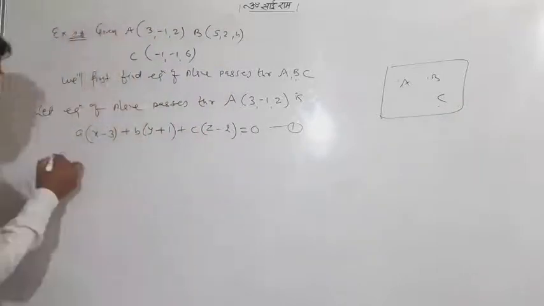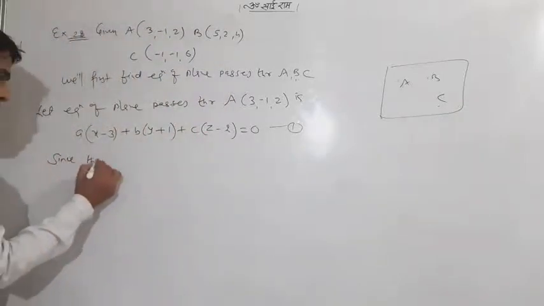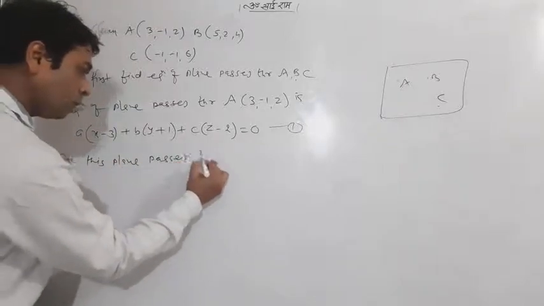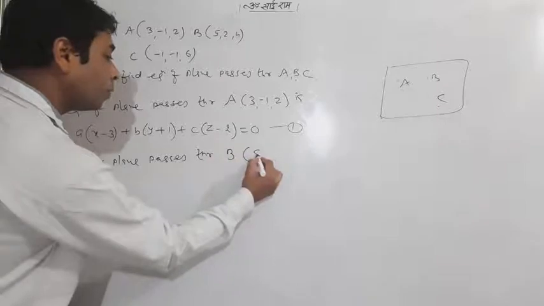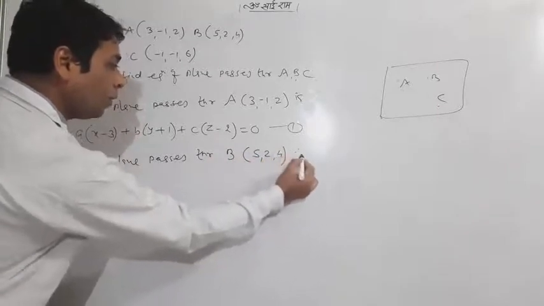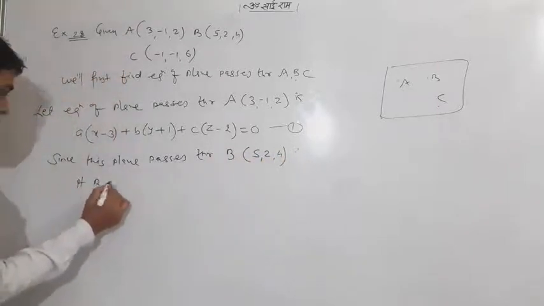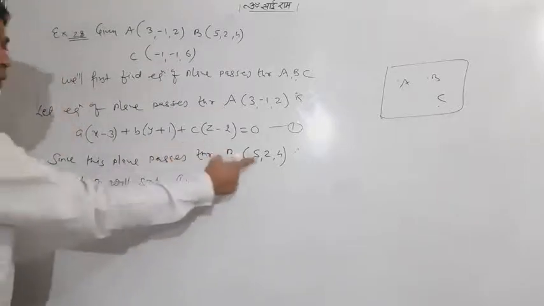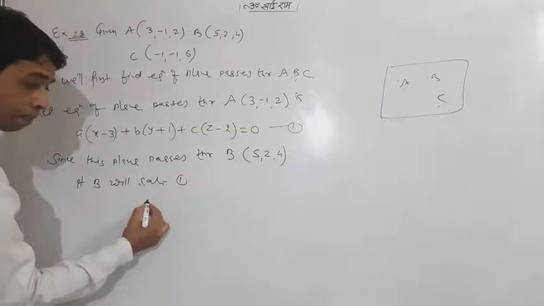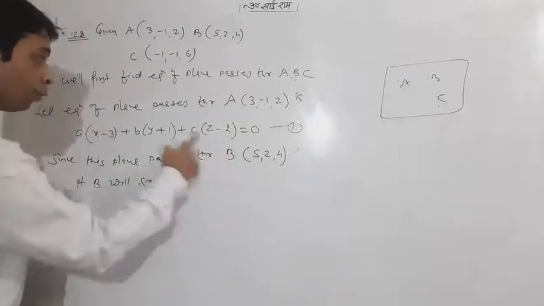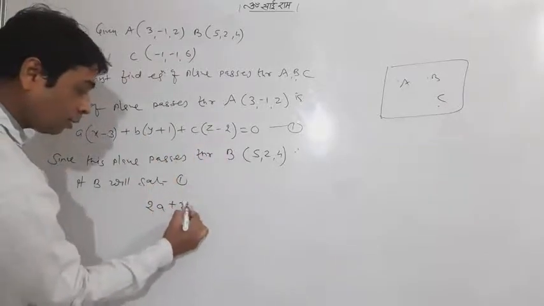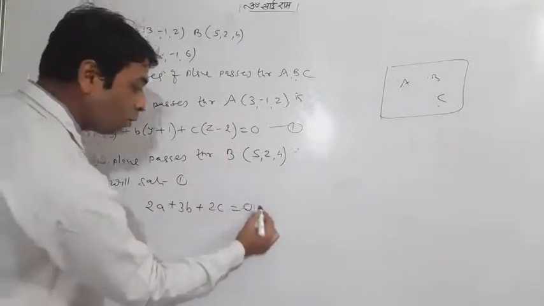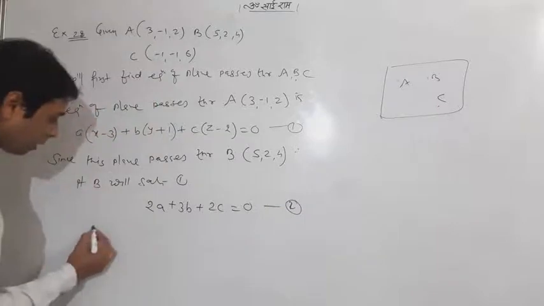Since this plane passes through the point B, definitely point B will satisfy 1. So 5 minus 3 is 2a, 2 plus 1 is 3b, 4 minus 2 is 2c, equal to 0. This is my second equation. Similarly, what will I write?